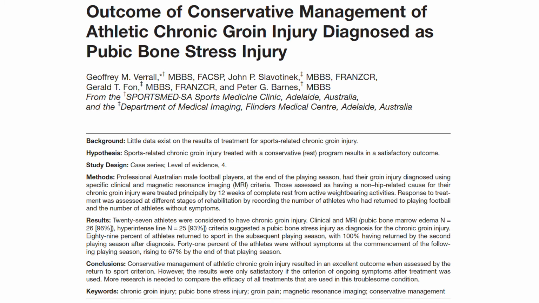Pubic bone stress injury, like other stress fractures, usually responds quite well to conservative measures such as reduction in training intensity. Sometimes a complete period of rest is required over 6 to 8 weeks with gradual reintroduction of activity. Obviously, rehabilitation needs to be occurring throughout this period, and if the same errors are returned to, the pain often recurs.